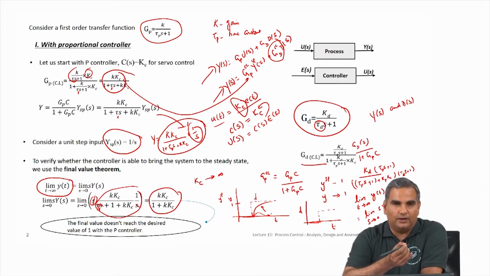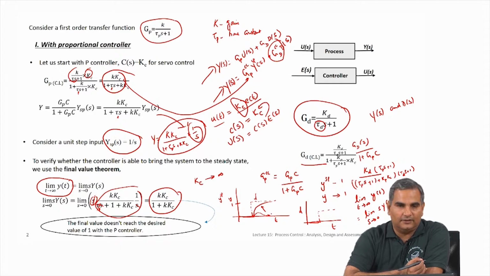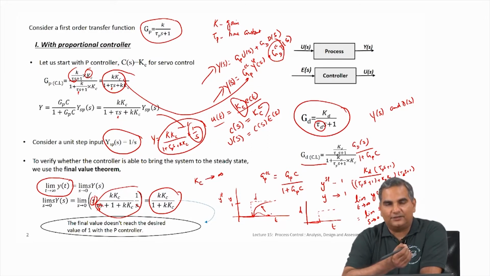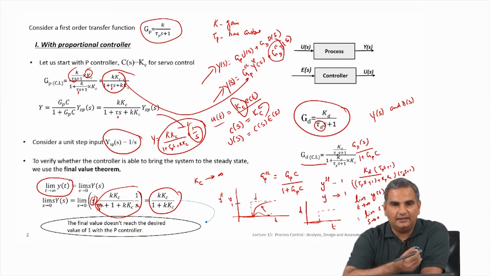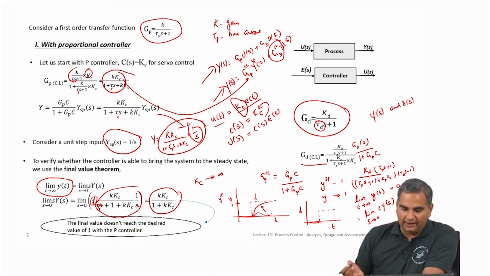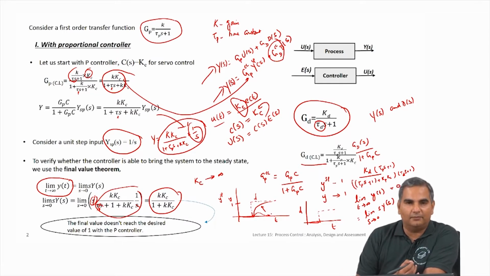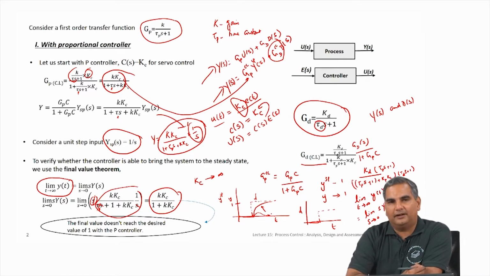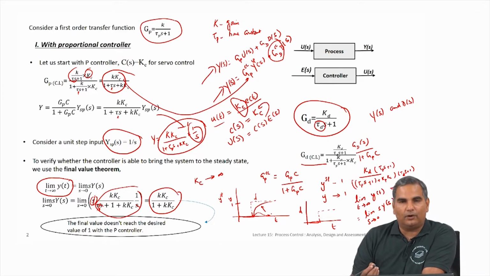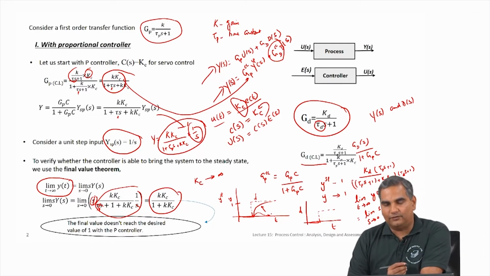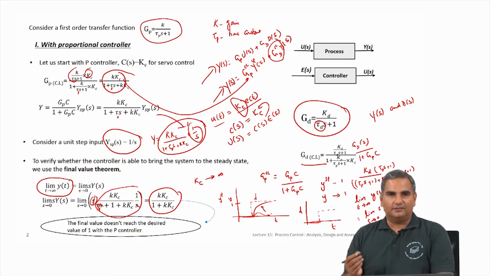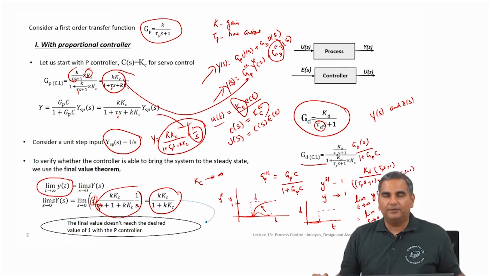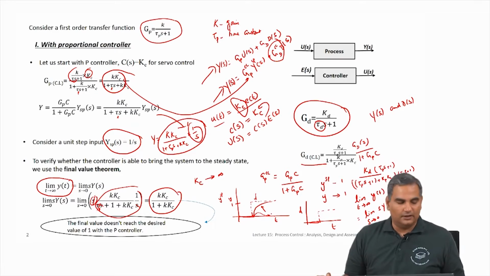The transfer function between y and y set point is GP C divided by 1 plus GP C. The transfer function between y and d is GD divided by 1 plus GP C. Now, once you have your GP, GD and C is Kc, you can see that there will be an offset in my servo tracking, that is, my output will not go to 1 ultimately, which is what I want, and there will be an offset in my disturbance rejection also. This is a case where I want y to be 0 as t tends to infinity, but that will not happen either. Nonetheless, because of its ease and simplicity, the proportional controller is quite heavily used in the industry.